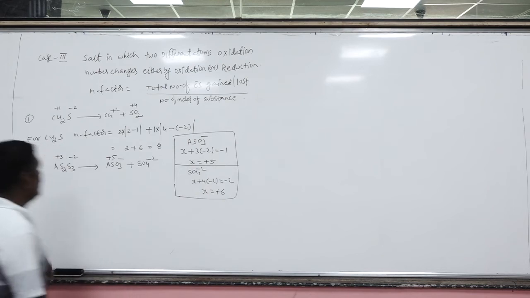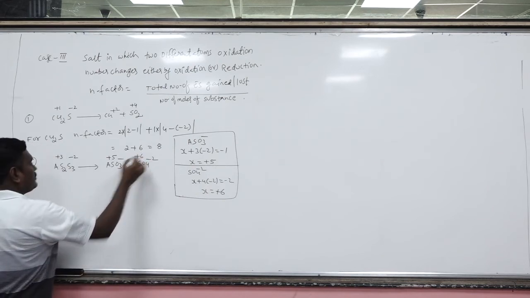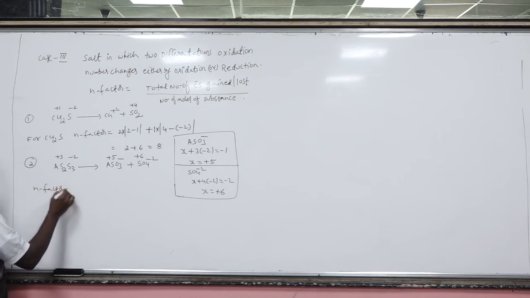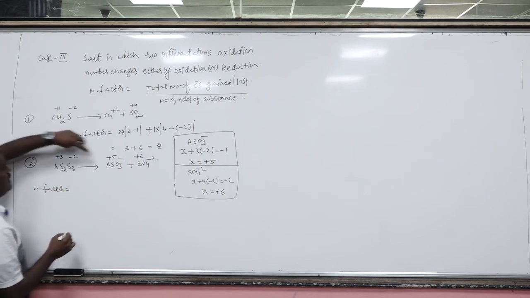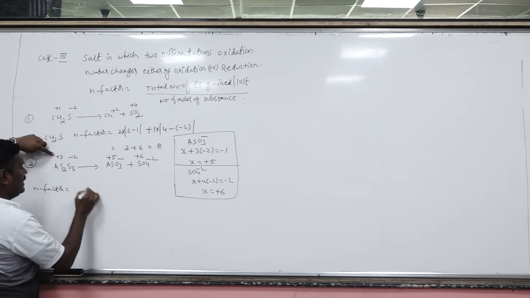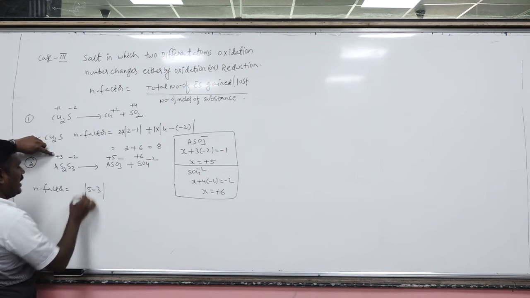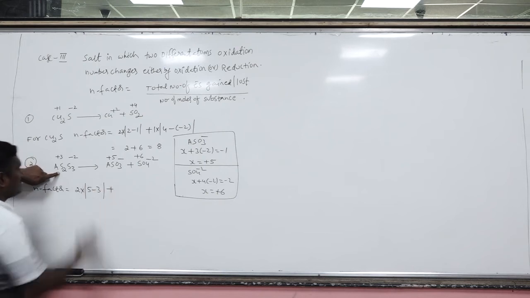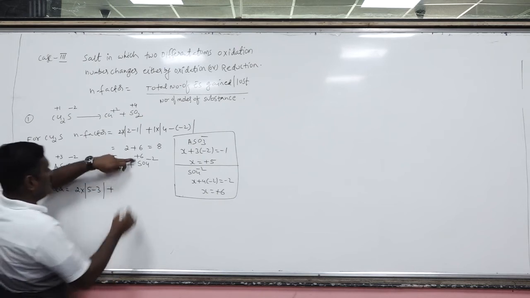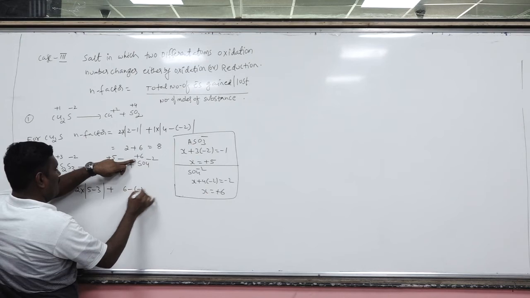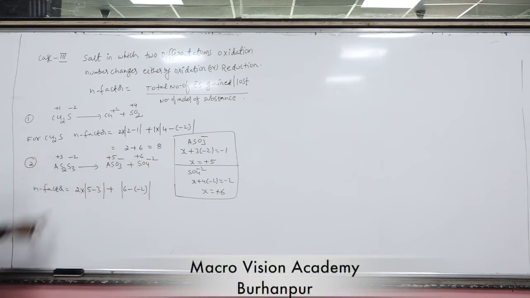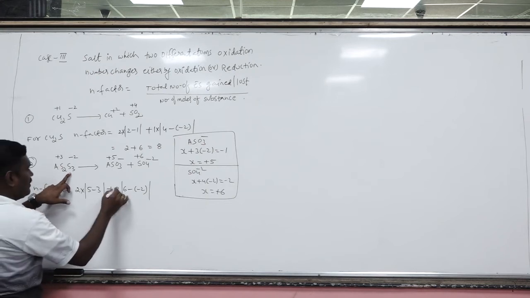Okay. Now I am calculating N factor. Tell me the change in oxidation number, 5 minus 3, modulus. How many such arsenic atoms are there? 2 atoms. Plus sulfur change in oxidation number, 6 minus of minus 2, yes or no? Modulus. How many such sulfur atoms are there? 3.